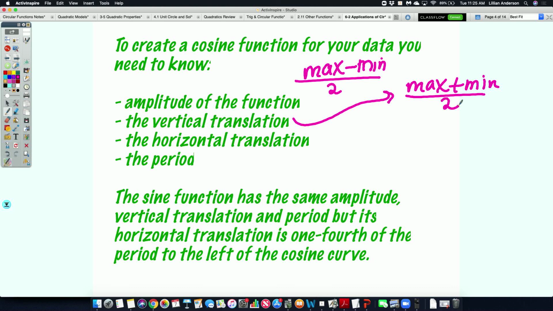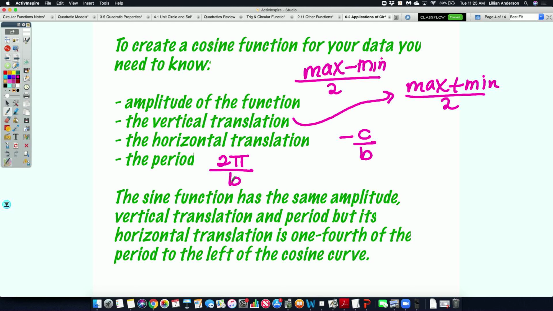Like how high up, how down low did the graph go? My horizontal translation, aka my phase shift, what was that formula? Negative C over B. And then our period, what was the formula to find period? 2 pi over the absolute value of B. Yes, okay, so you're still going to need all 4 of these formulas when it comes to modeling, okay?